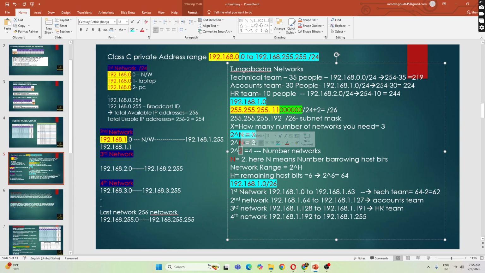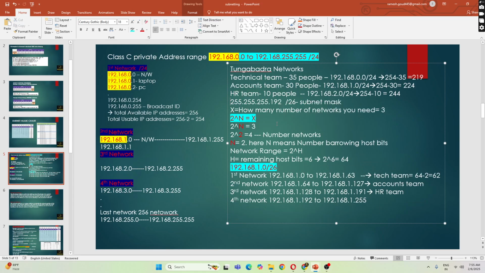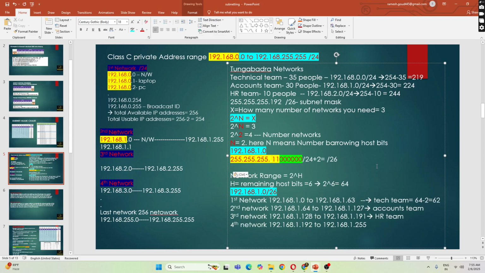Here n means the number of borrowed host bits. We borrowed 2 host bits here. Understood? Okay, that's all about subnetting.